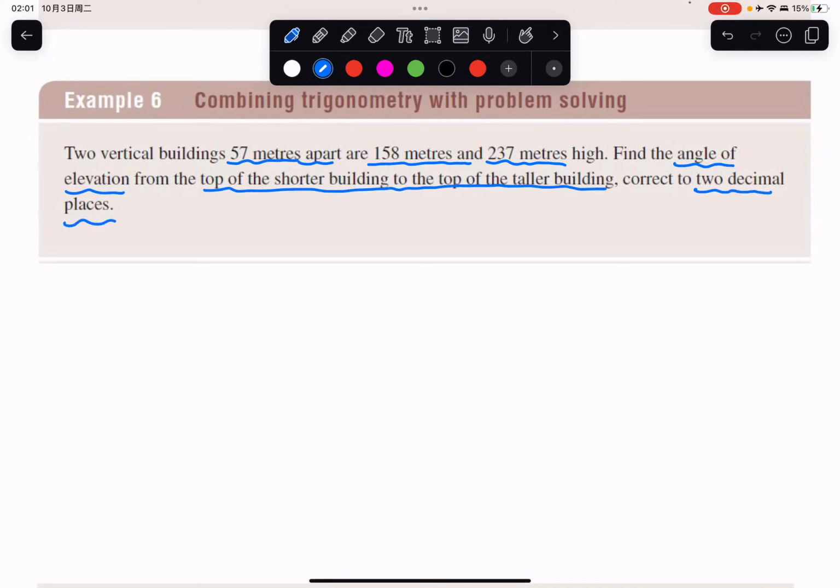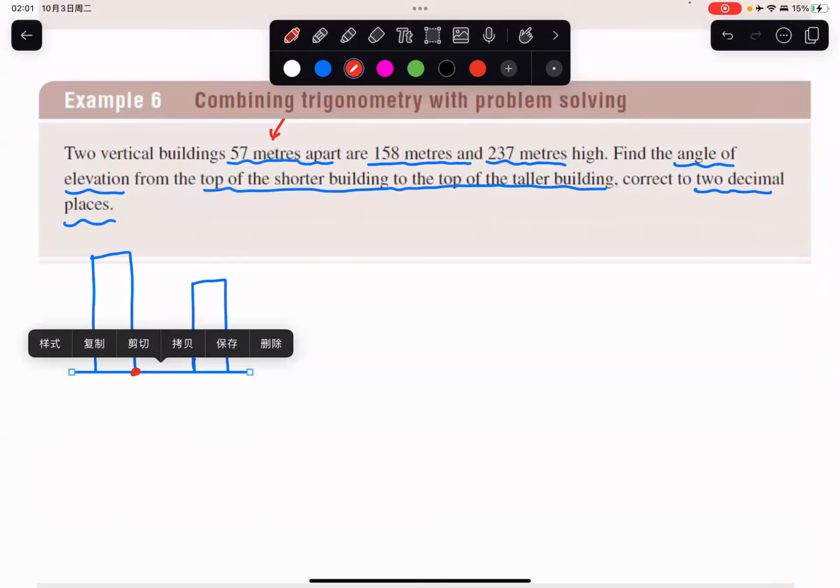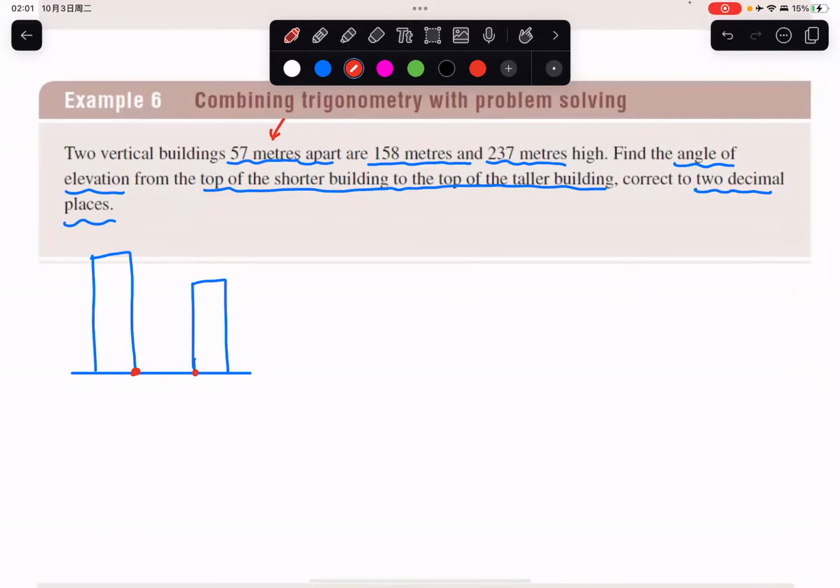All right, so now what we're going to do, I'm going to sketch it, okay? I'm going to draw this one first because they didn't draw it for you. So that is the taller one. Let's say that is the shorter one. Now first one, 57 meters apart, so from here to here is 57 meters.